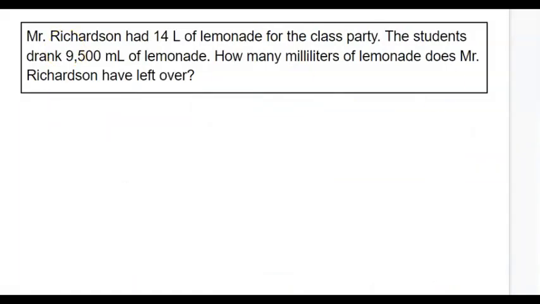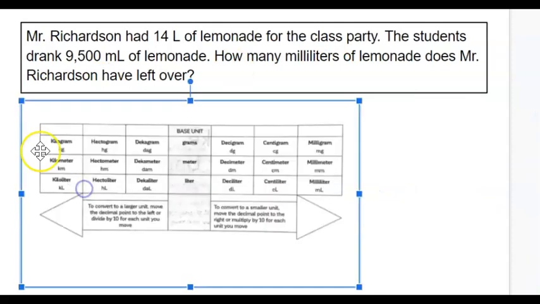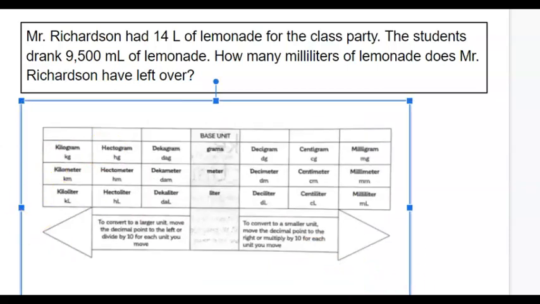So now let's look at another problem. I'm still looking here at the metric system, but let's look at this problem. Mr. Richardson had 14 liters of lemonade for the class party. The students drank 9,500 milliliters of lemonade. How many milliliters of lemonade does Mr. Richardson have left over?